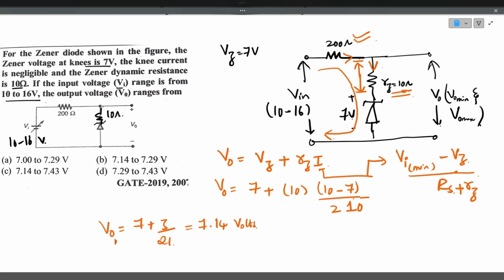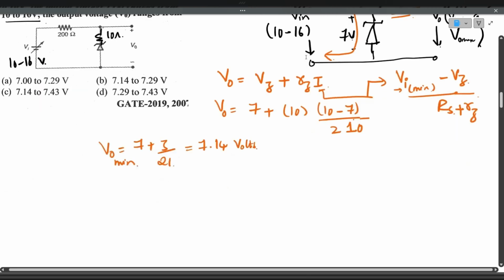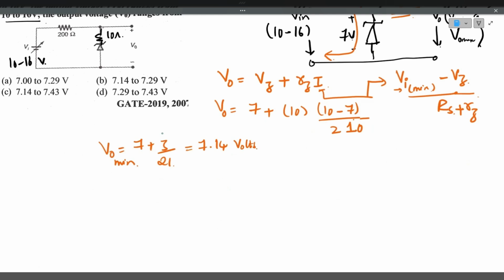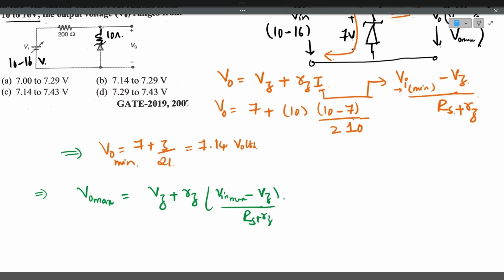This is V out minimum because we have considered V in minimum voltage. Next, we will consider V in maximum voltage, the second case. For V out maximum, we have to consider the same formula, VZ plus RZ into I, where I is V in maximum minus VZ divided by RS plus RZ.